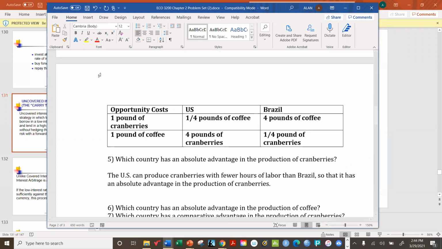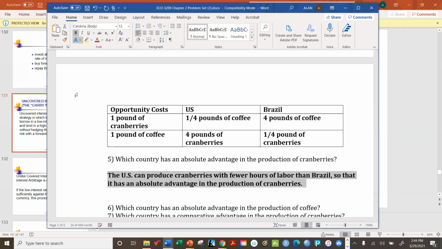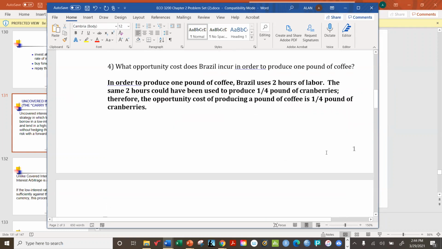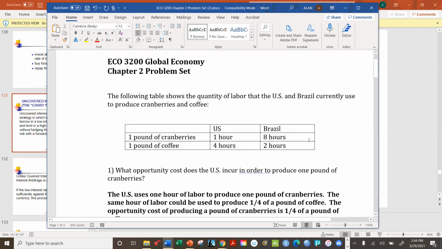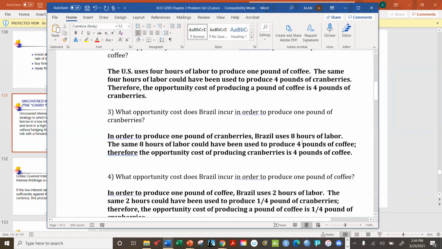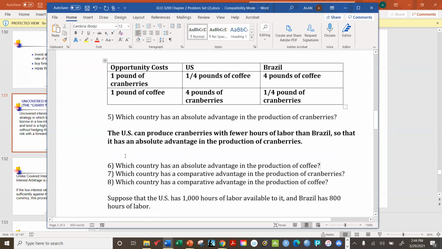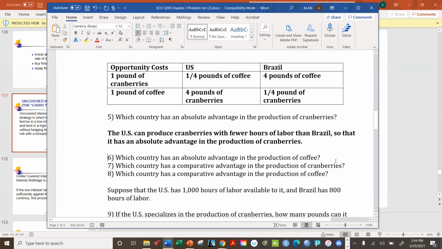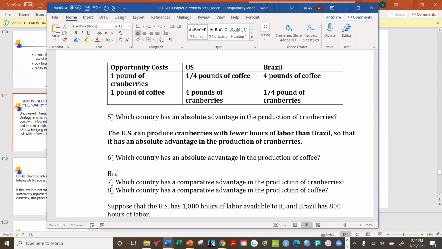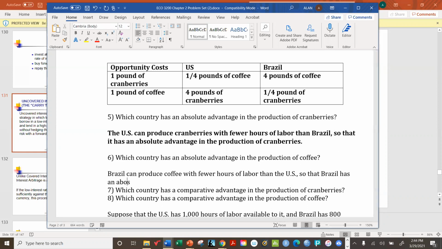All right, that's all it takes. Now, on the other hand, in the coffee, it looks like it's going to go to Brazil because it only takes them 2 hours to make coffee versus 4 in the United States. All right, very good. So Brazil can produce coffee with fewer hours of labor than the US, so that Brazil has an absolute advantage in the production of coffee.